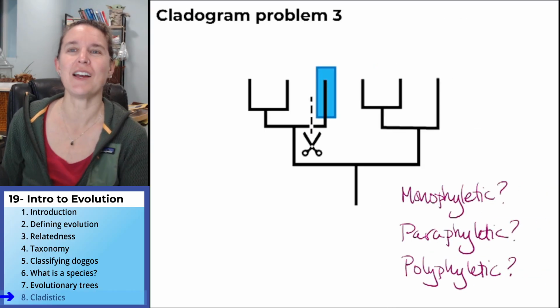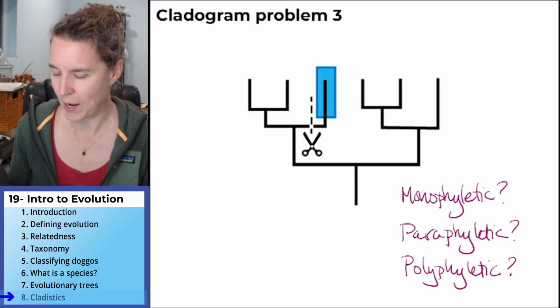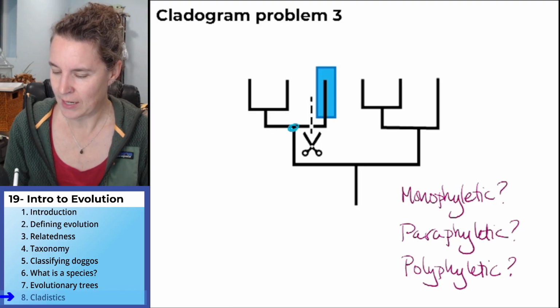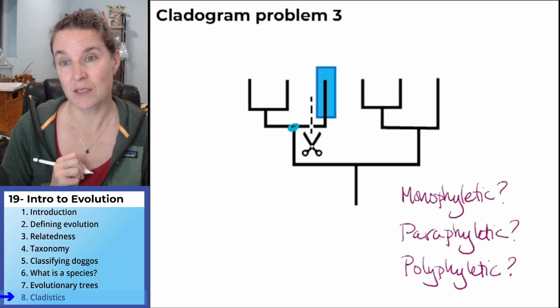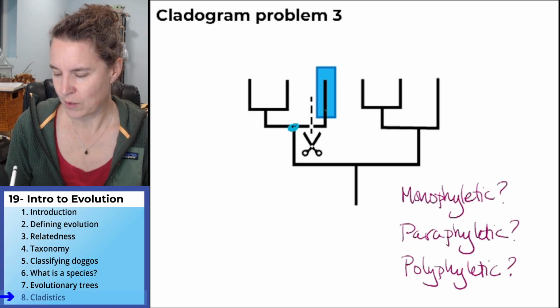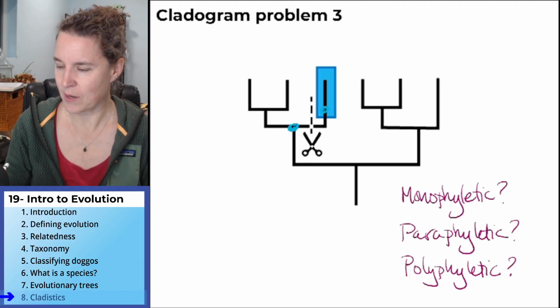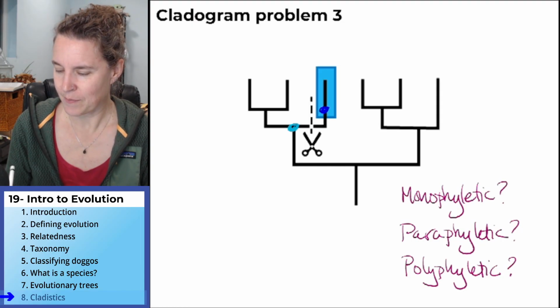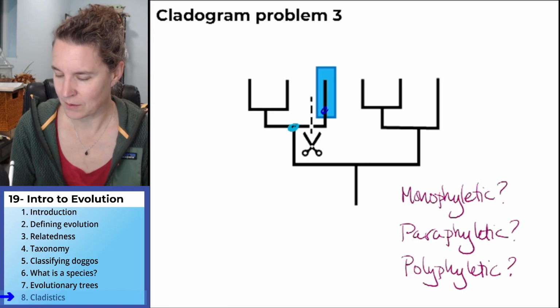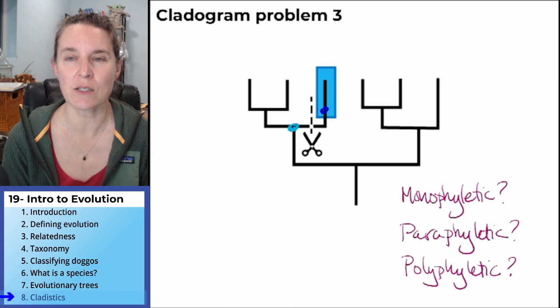What about this one? What do you think is going on here? This is wild. Well, here's an ancestor, but what's also true? Ooh, you can't see that at all. That could be considered an ancestor, couldn't it?